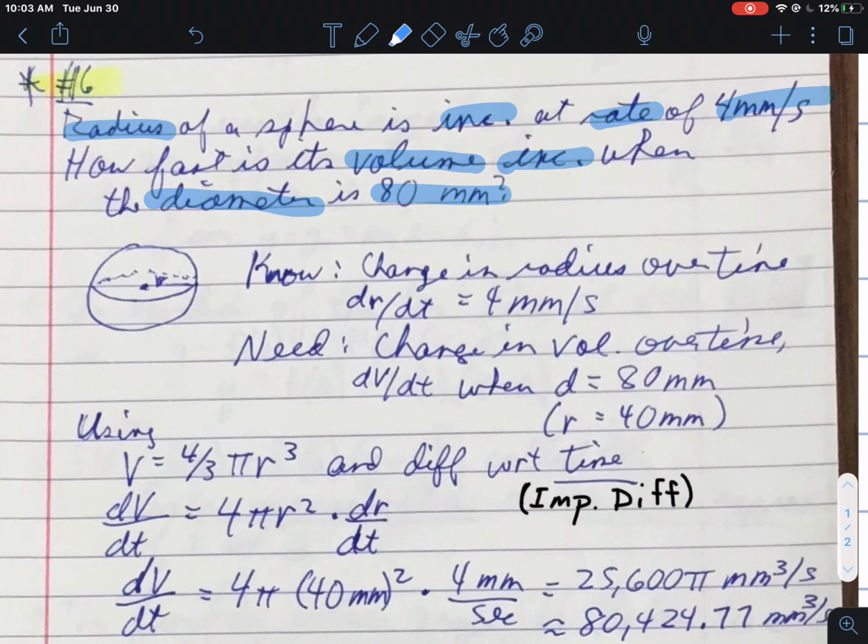All right. So we're given information. What do we know? We know that the radius is changing. It's increasing, so positive, at a rate of 4 millimeters per second. So there's the change in radius over time. Again, watch your units, right? 4 millimeters per second. So I'm going to call that dr dt, change in radius over unit time.